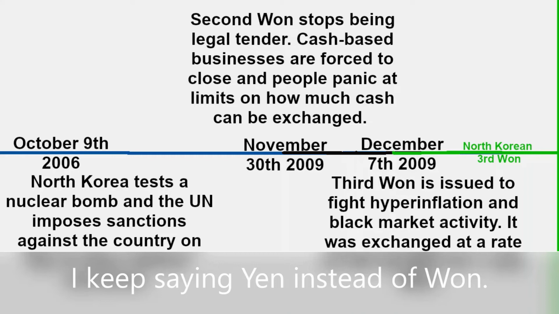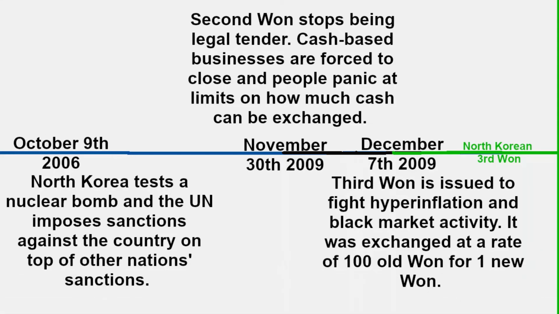And then in 2009, the inflation had gotten so bad that they had to issue a third won. So just to give you an example, some stats I could find. August 2002, the unofficial exchange rate was 151 for $1.